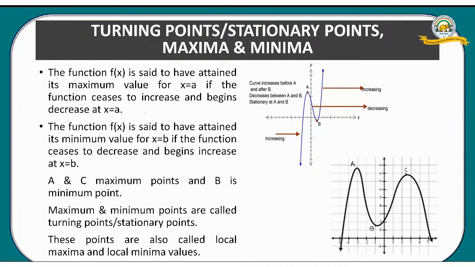So how to define those turning points? These maximum points and minimum points are called turning points here. A function f of x is said to have attained maximum at x equal to a if the function ceases to increase and begins to decrease.